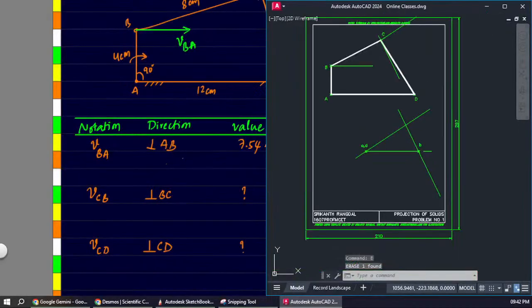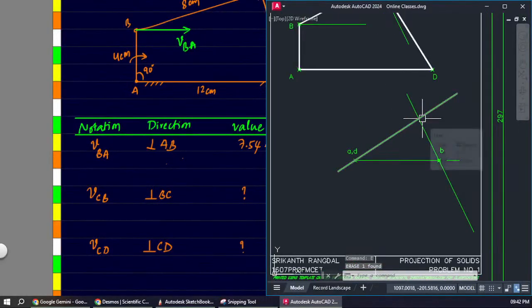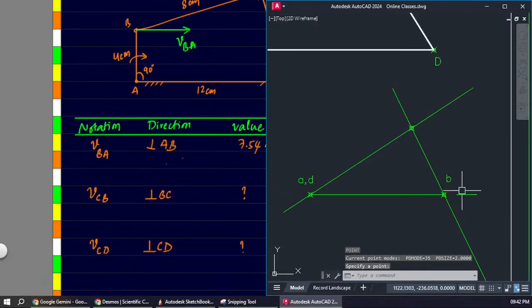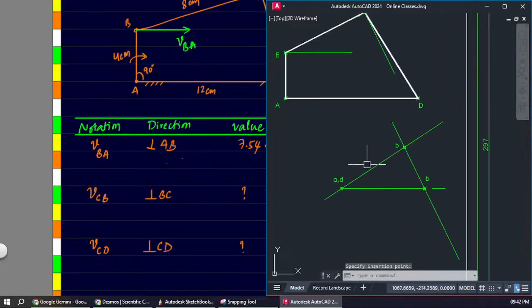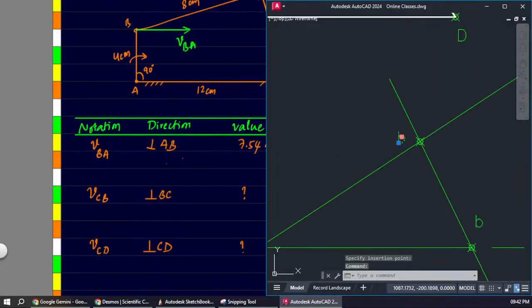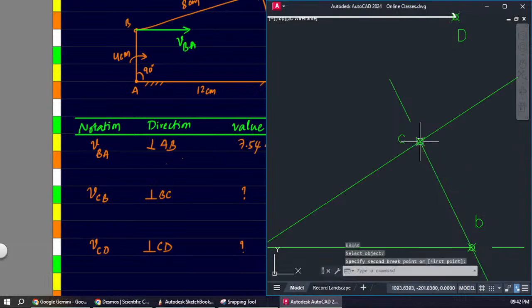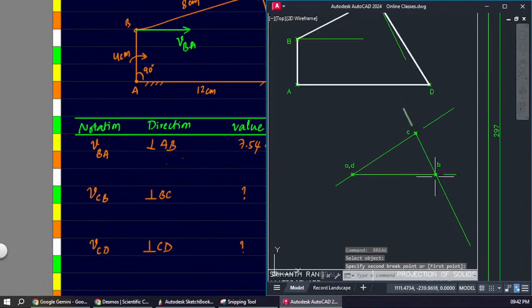Now you can see we are getting an intersection point over here. This intersection point is nothing but the other point, which is small c. So we will need the velocity diagram only till here.